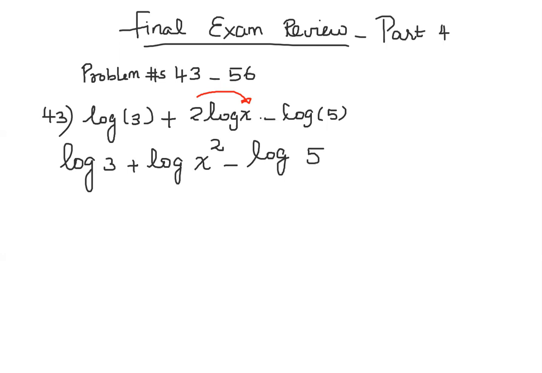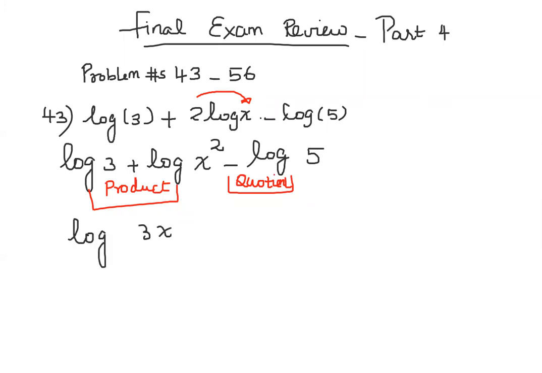Now use the product, and here we are going to use the product because it's addition, and this is going to be quotient. So it's going to be log 3x squared over 5. So that is the answer.